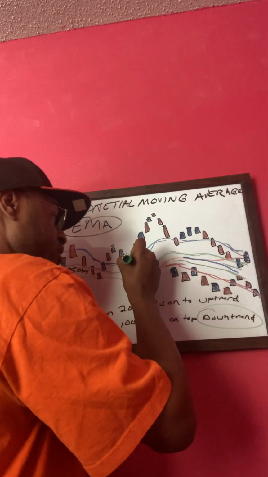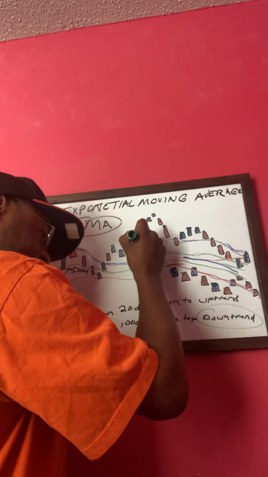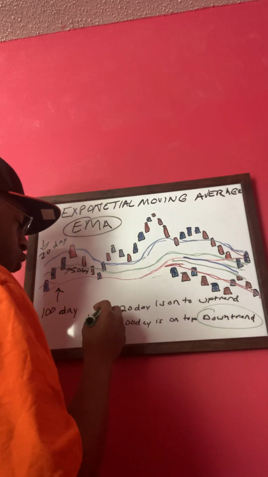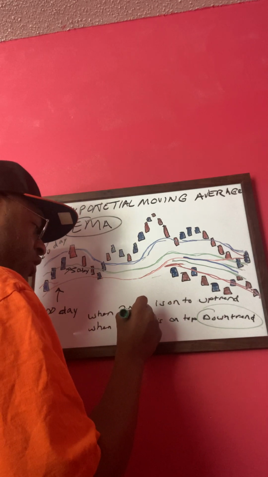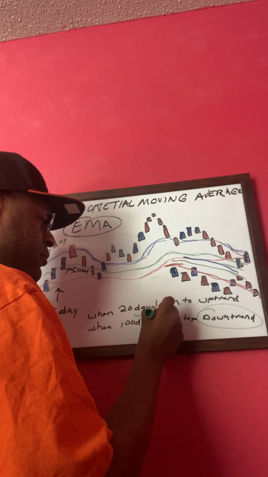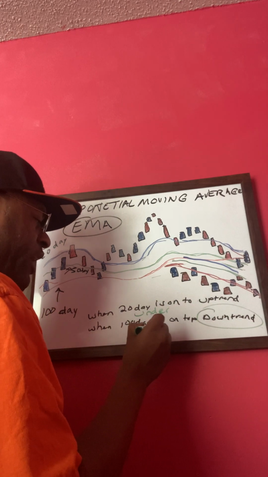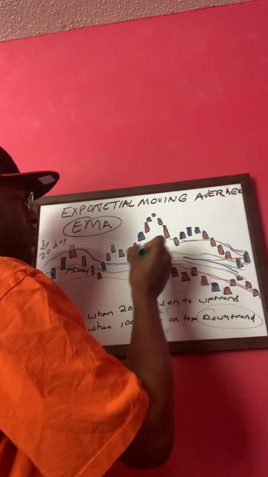Then it started trending up. You with me? Especially when price gets above it. So whenever the 20-day is uptrending, the 20-day is going to be under price. And likewise, your 100-day is going to be over price when it's downtrending.